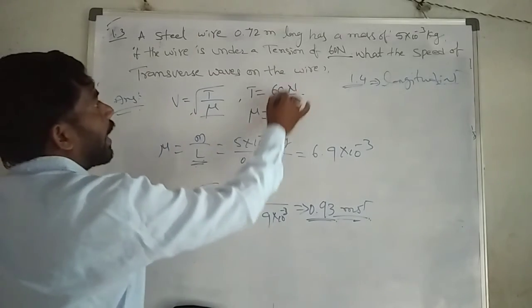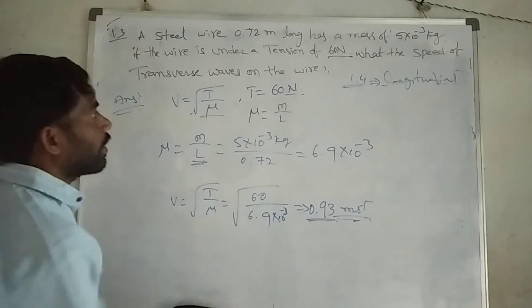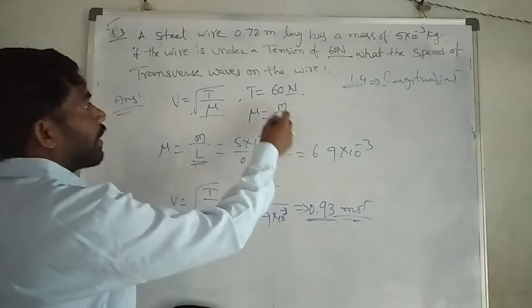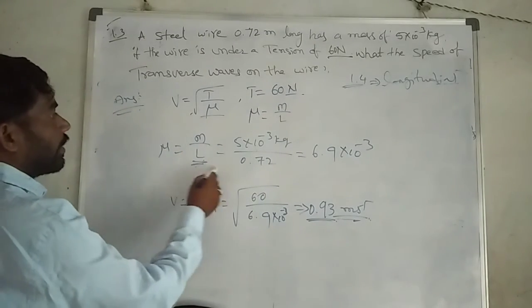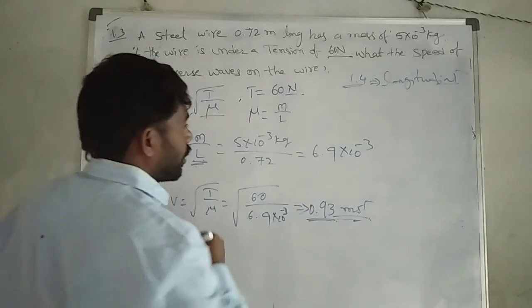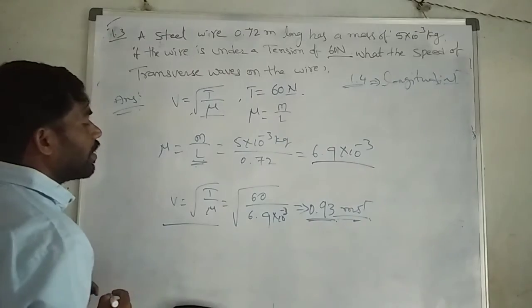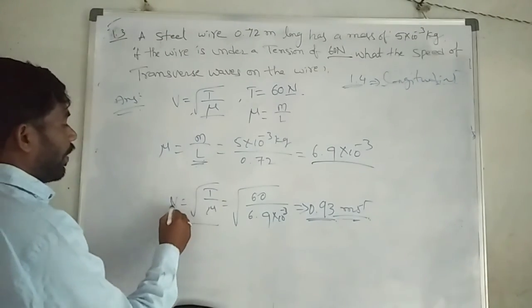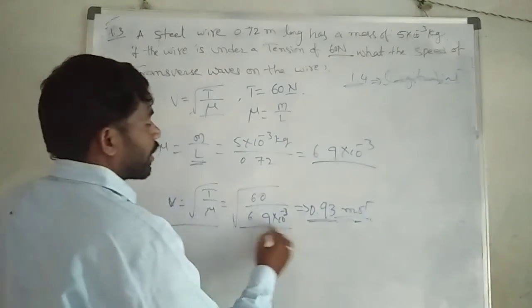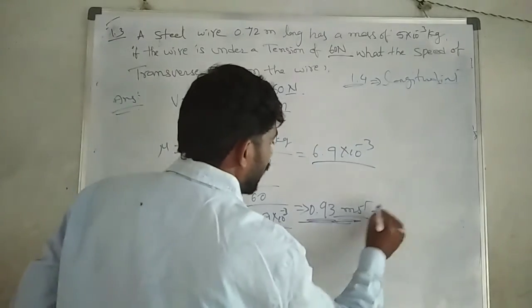T is given as 60 newtons, and mu equal to M by L, given mass and length. Then substitute the values, you get this value, and the same value you put in v equal to under root of T by mu and substitute the values, get this result.